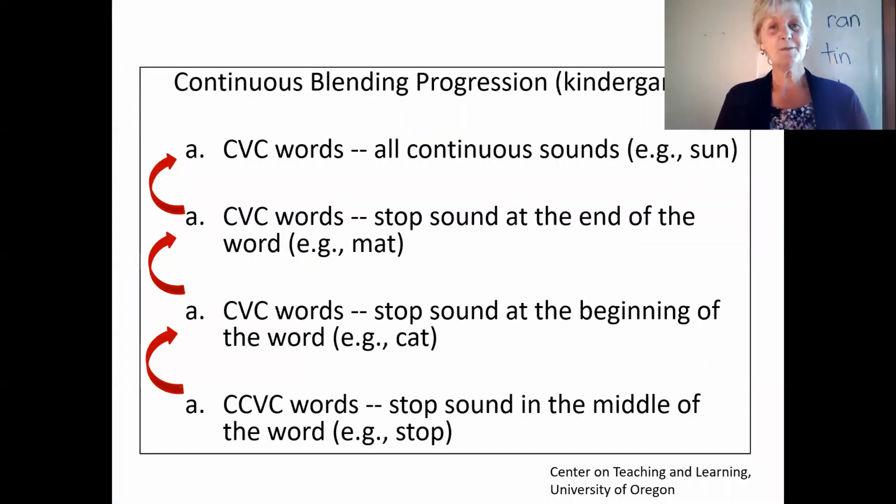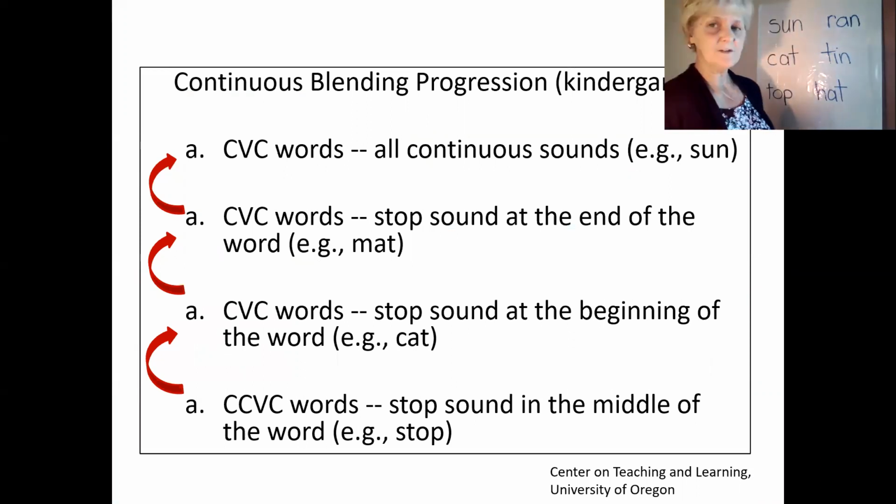There are some very important pieces for us to know, especially when we have struggling readers. When students cannot blend those sounds together or recode them together, we can go back and create some scaffolding for students. For example, the first one is CVC, meaning all continuous sounds.